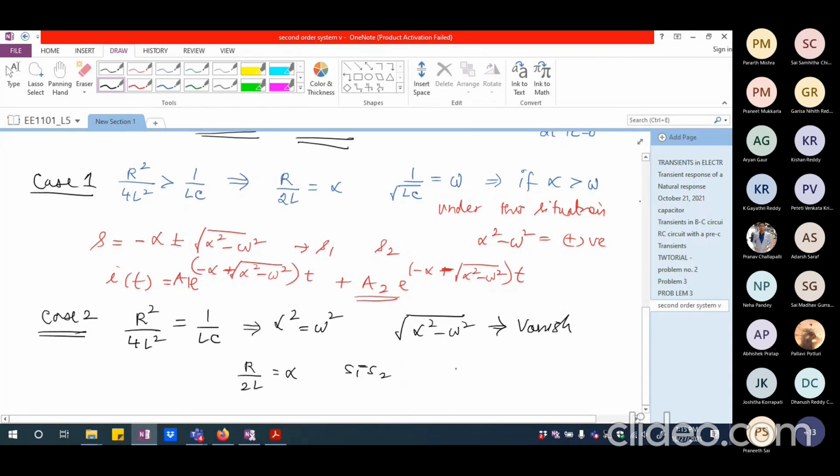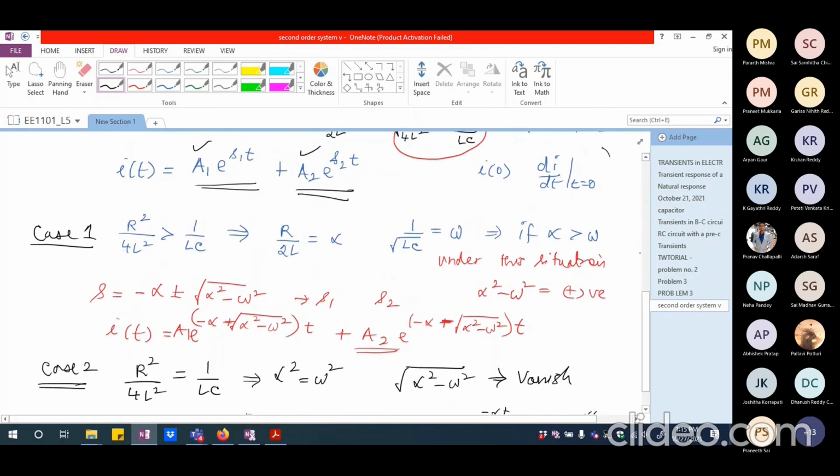In which case I'm going to have A1 e power minus alpha t, and I'm going to have A2 multiplied by e power minus alpha t. This is going to be the function overall I'm going to get. But this will not be a complete generalized solution, because I will not be able to get a specific solution unless I substitute for both these initial conditions.